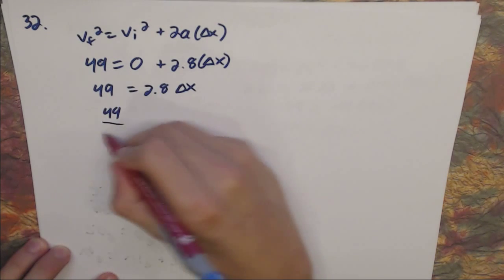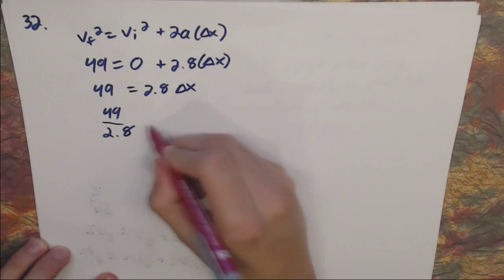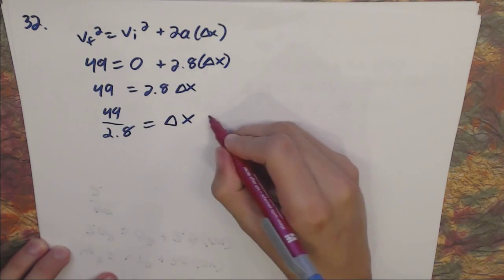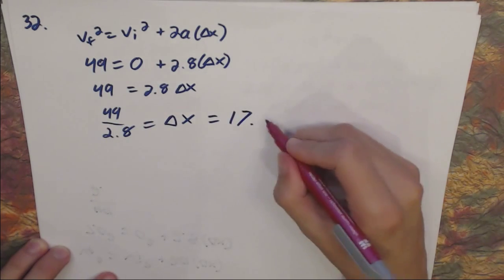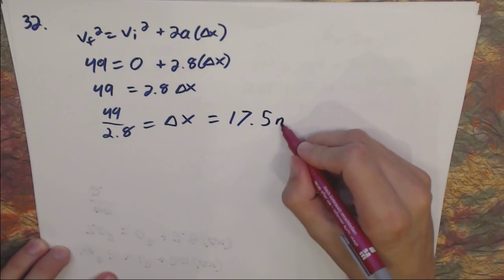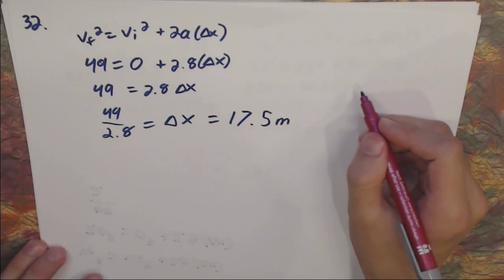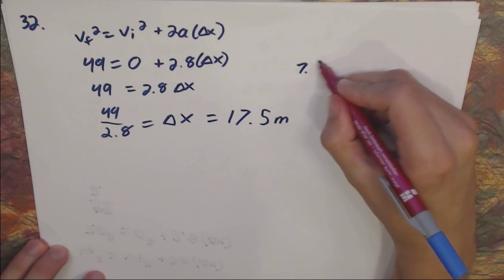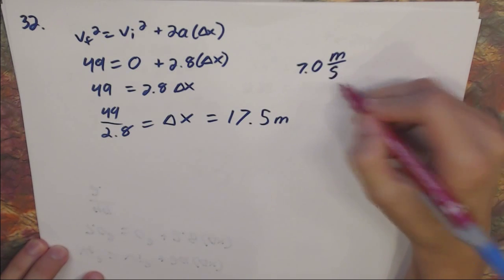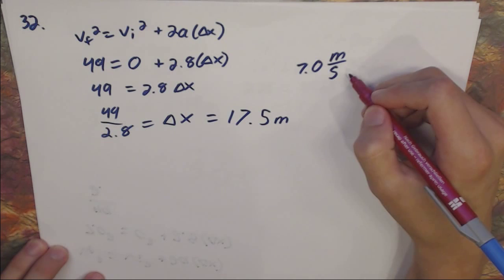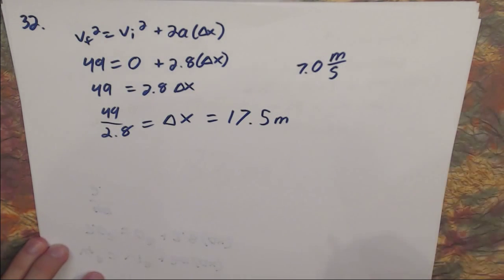So 49 over 2.8 equals delta x equals 17.5 meters. And in case you're wondering, 7 meters per second is really fast. Don't go sledding at 7 meters per second. You're going to hit a tree, and you're going to get hurt.